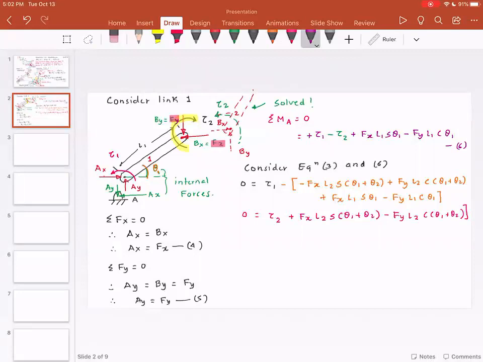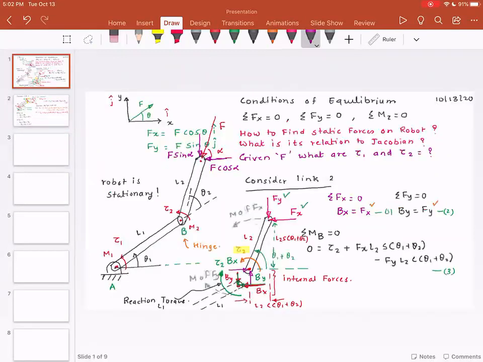So I want you to understand what happened here. From equation 3, we can find out what tau 2 is.